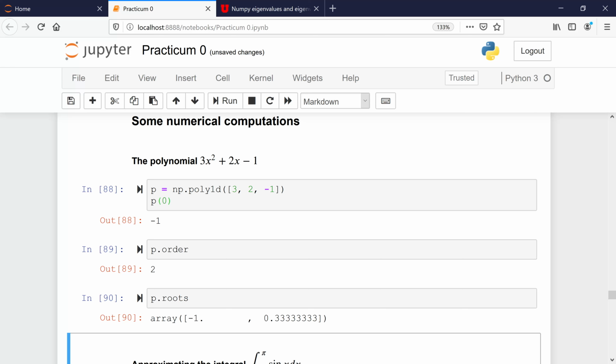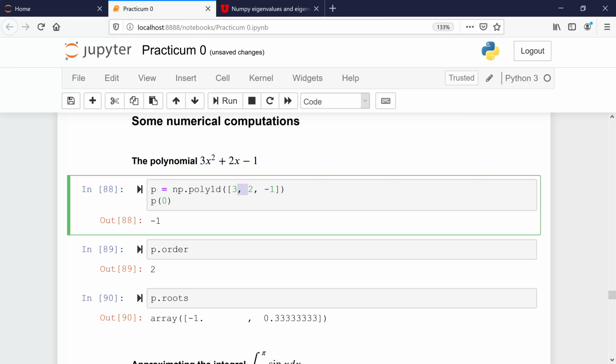Computing the roots of polynomials is something very standard in numerical analysis. So we have 2 roots here. We may have complex roots. Let's try to take another polynomial, for example 1, 0, 1.